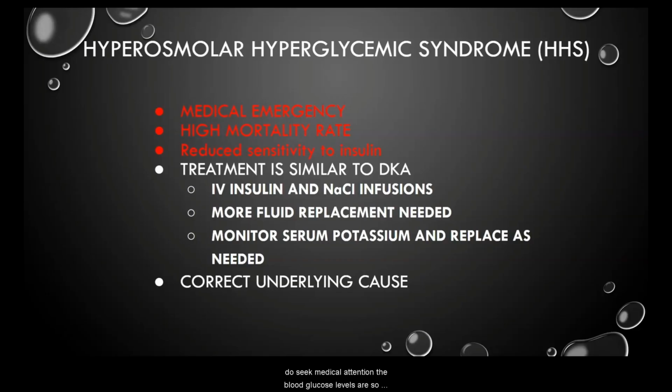And by the time they do, the blood glucose levels are so elevated, the condition is so severe, there's that delay in diagnosis and treatment, so you have that higher mortality rate. Early recognition is key, but again, sometimes they'll delay seeking care.